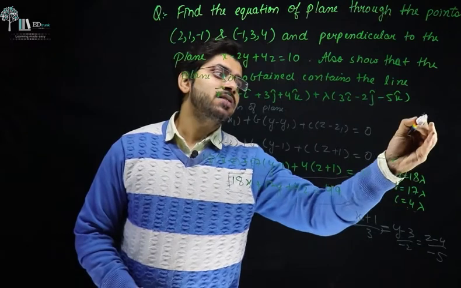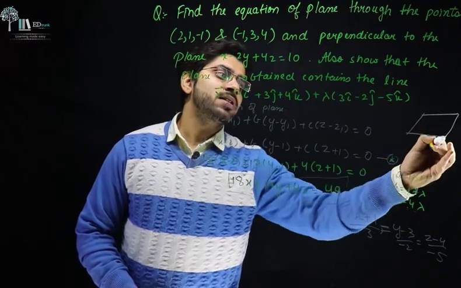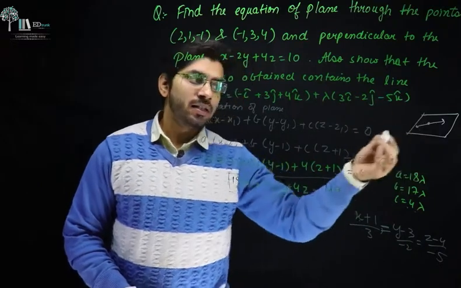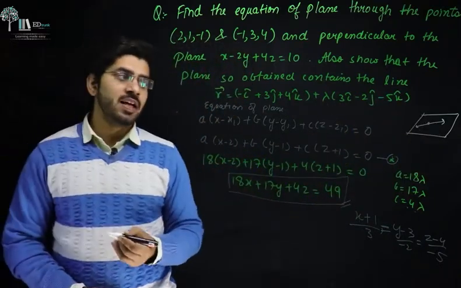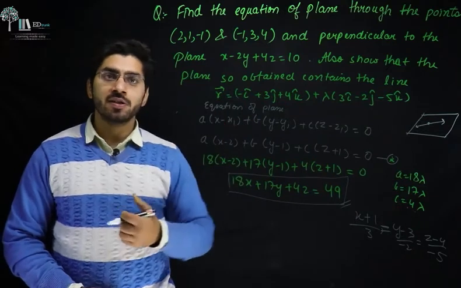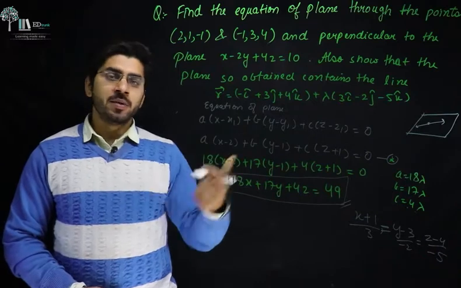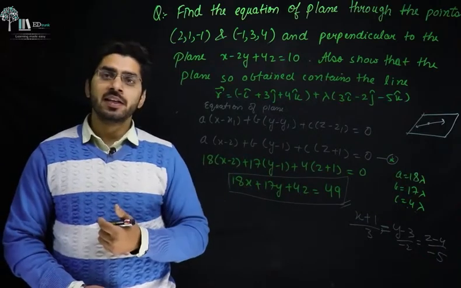Suppose there is a plane like this, right, and there is a line on this. So that means if there is a point on the line, and that point satisfies the equation of the line, it will also satisfy the equation of the plane. So the point here is minus 1 comma 3 comma 4, and that should satisfy the equation of the plane.